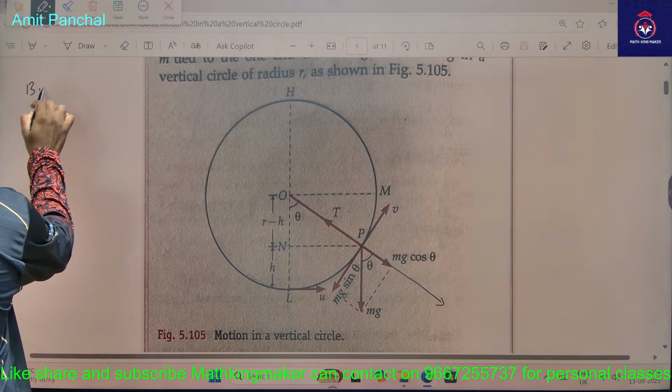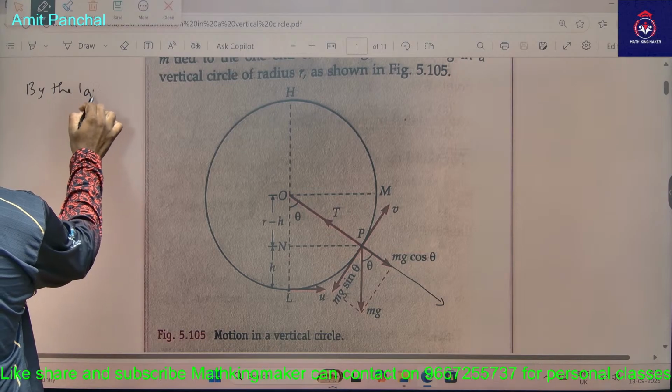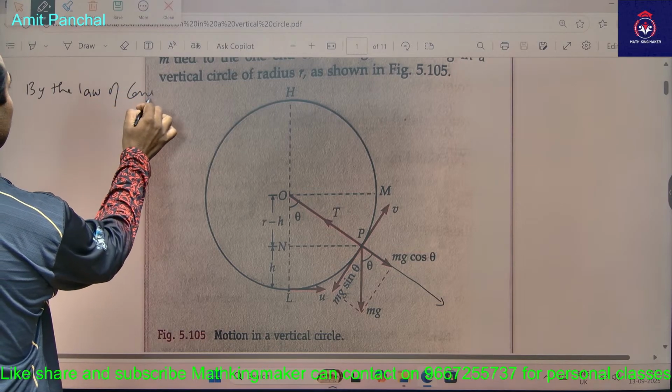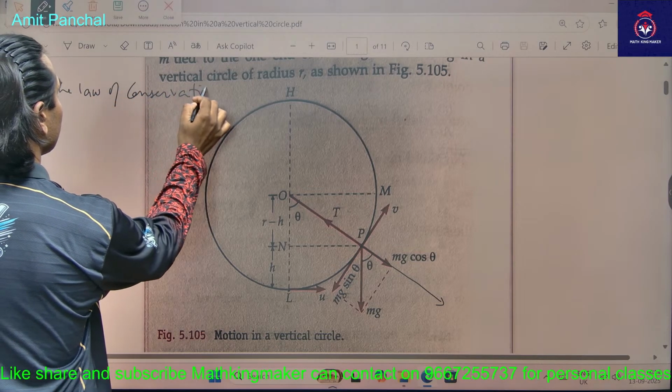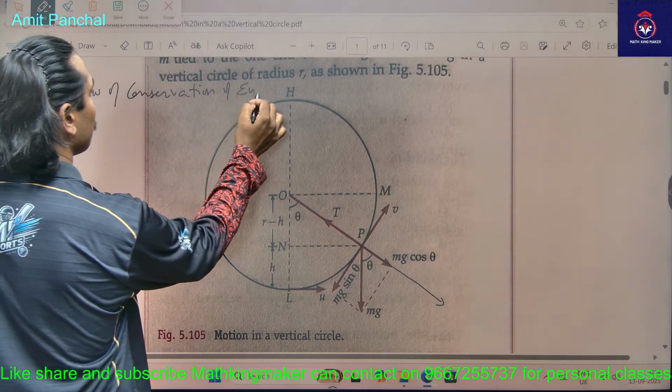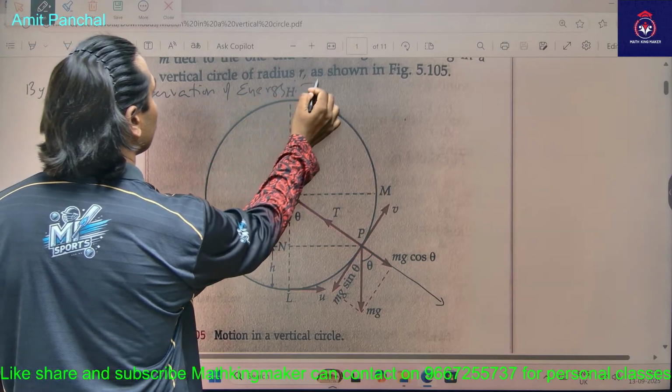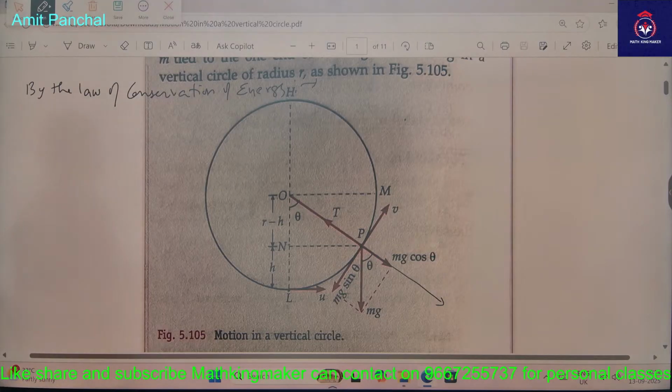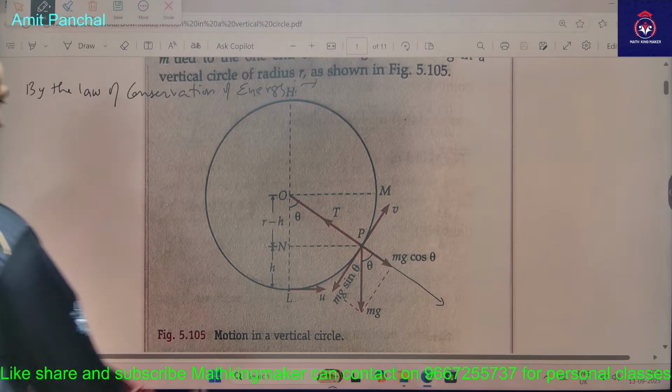By the law of conservation of energy, energy at all points will be equal. So what is the kinetic energy at L?